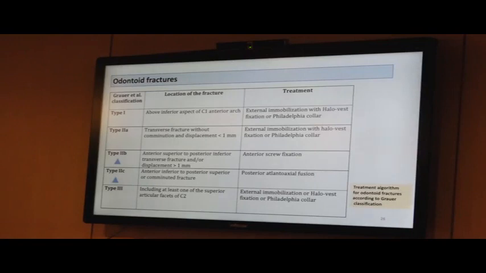According to this classification, which adapts the Anderson and D'Alonzo classification, type 2B and 2C are indicated for surgery.